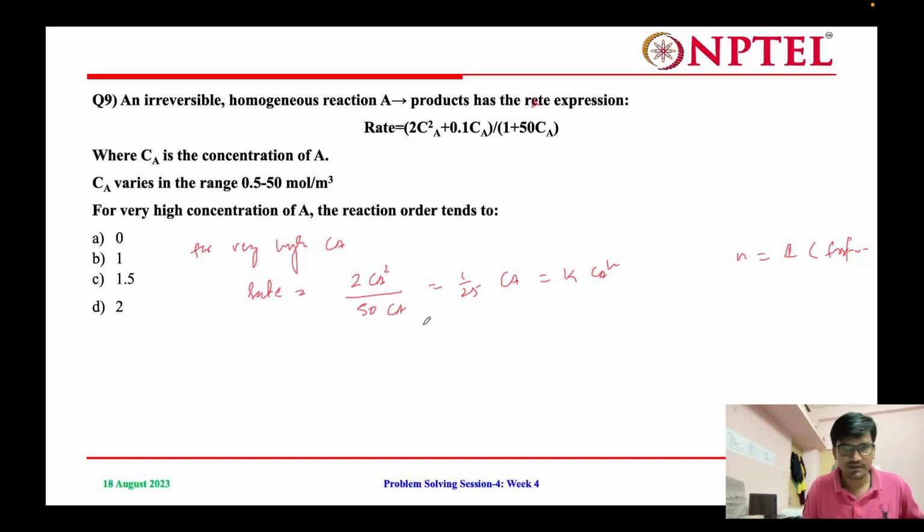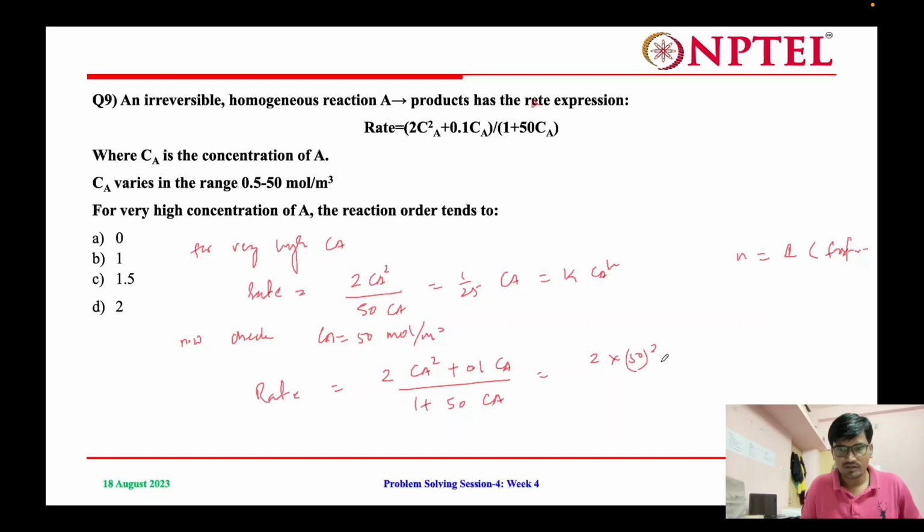Now check C A naught equal to 50 mole per meter cube. Put this value in the rate equation: rate equal to 2 C A square plus 0.1 C A over 1 plus 50 C A, equal to 2 into 50 square plus 0.1 into 50 over 1 plus 50 into 50.